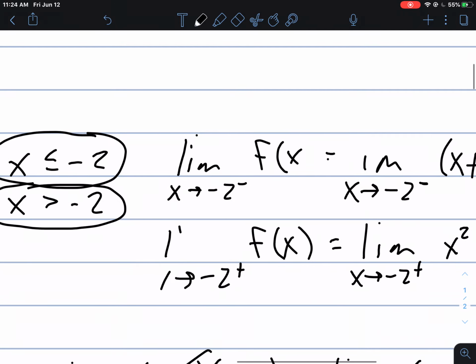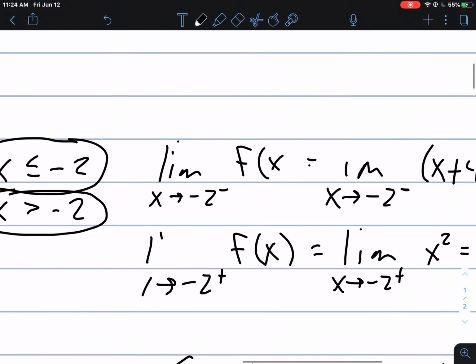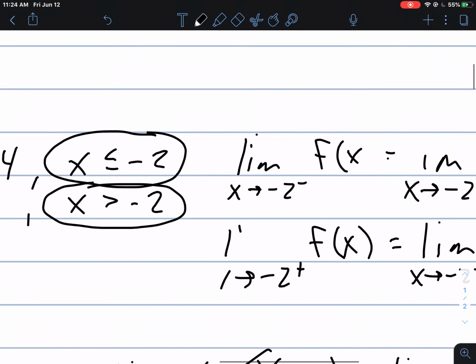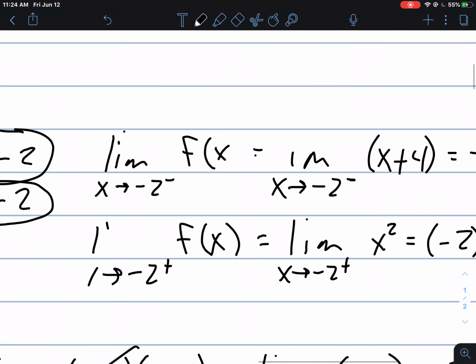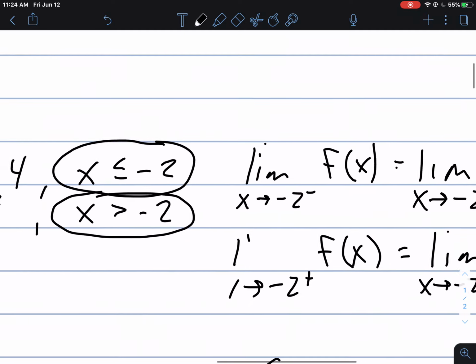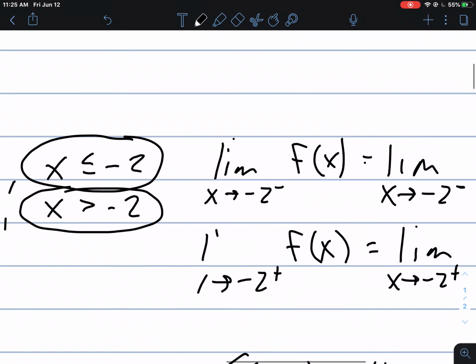So for the left side, everything I have written here is exactly what you would have to write to justify your observation. I've got the limit as x approaches negative 2 from the left of f of x would be equal to the limit as x approaches negative 2 from the left of x plus 4, because that's our definition of the function on the left side of negative 2.